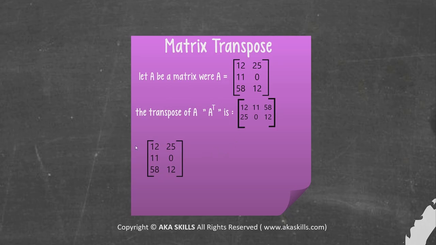Simply, you take the matrix A, then you take the first row and put it as the first column, the second row becomes the second column, and the third row becomes the third column. Technically, it's just changing the rows to columns in the same order, and that's how to do the transpose of a matrix.